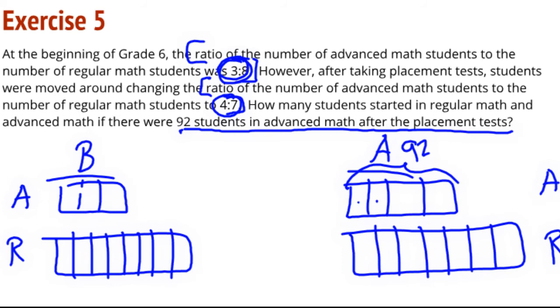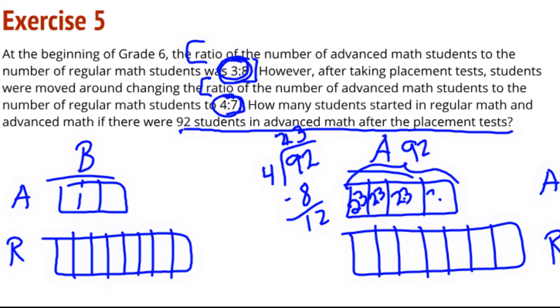There are 92 in the advanced math after the placement test. And so this 92 is divided by 4. And I find out there were 23 for each unit. Which means there's 23 in each unit.